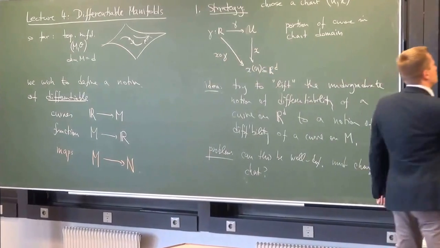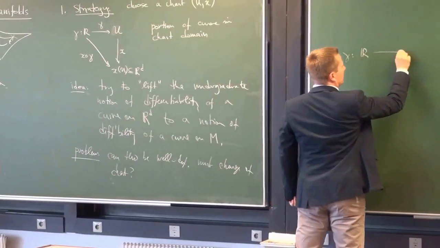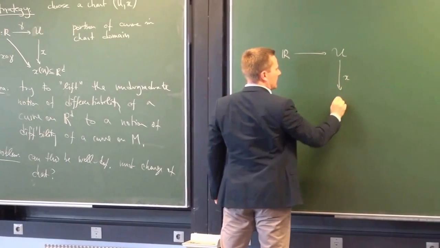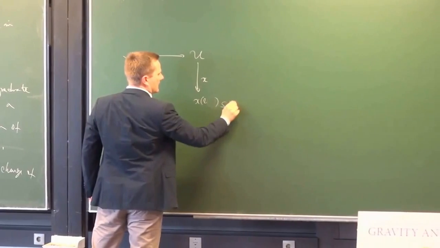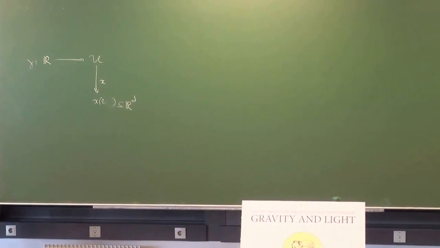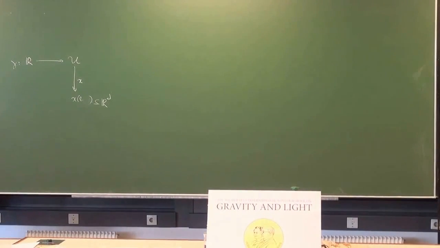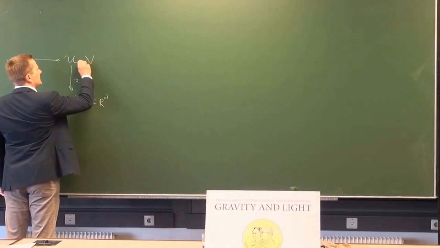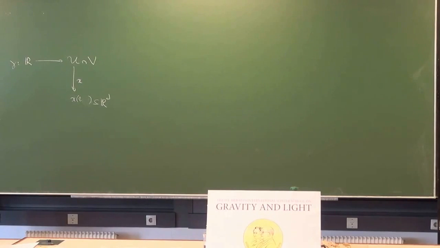So in order to judge that, we again draw this picture. Gamma, the portion of the curve that lies in U. You use one chart, you go to x of U in R^D, but now another chart could have another chart domain, and it could have another chart map, both at the same time. Now if the other chart domain is V, and the intersection between the two is empty, then one chart here, one chart there, they can't be incompatible because this portion of the curve has nothing to do with that portion of the curve.